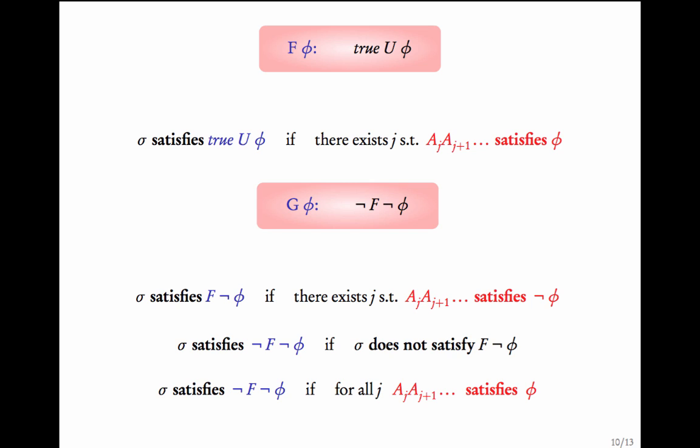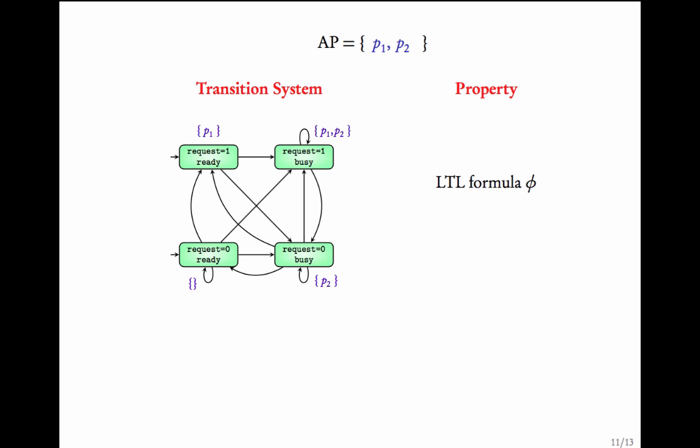As I said before, this is just for completeness' sake that I am giving these precise formal definitions. As long as you understand the meaning of G and F through examples, it's well and good for using model checking tools. So let's give an example of a transition system and a formula phi.